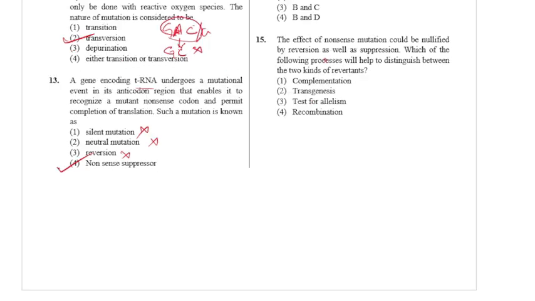Next question: the effect of a nonsense mutation could be nullified by reversion as well as suppression. Which of the following processes will help distinguish between the two kinds of revertant? Complementation, transgenesis, test for allelism, and recombination.